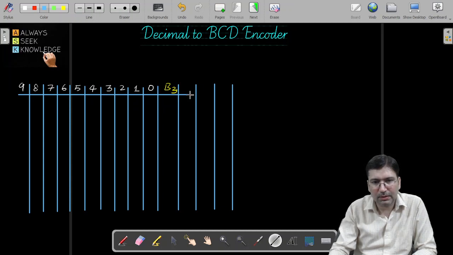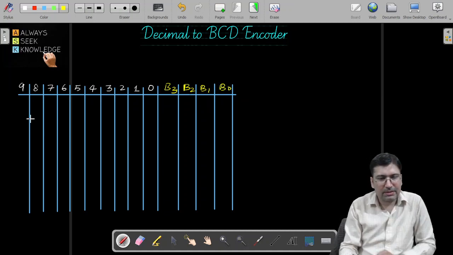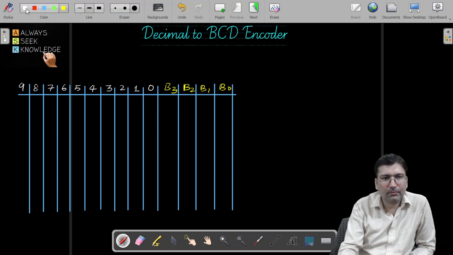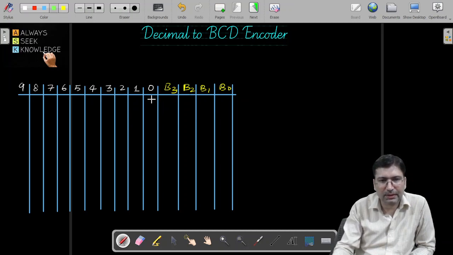These will be the output bits. Now let's represent. If input 0 is high, then 0 will be represented in 4 bits with all 0.